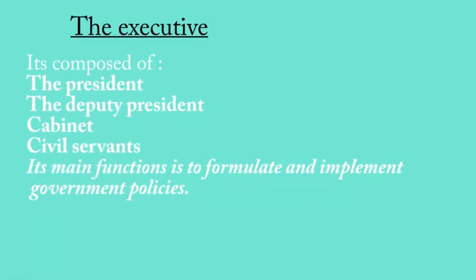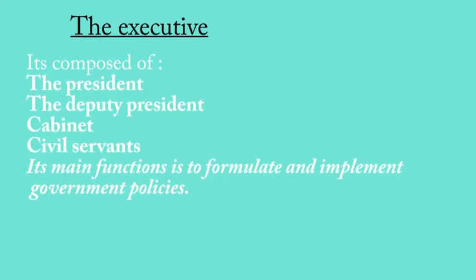We said we have 3 arms of the government. The first one was the legislature, the second one was the executive, and the third one we talked about was the judiciary. Now we talk about the executive. The executive is composed of the president, the deputy president, the cabinet, and the civil servants.